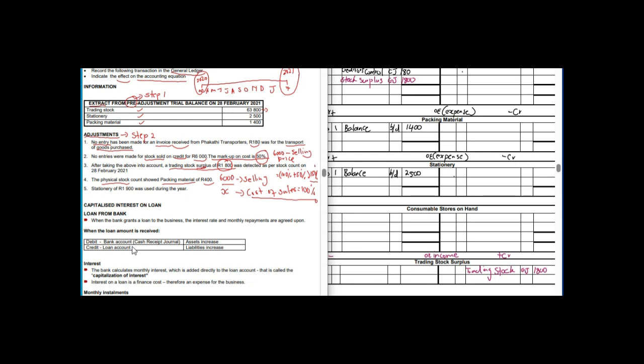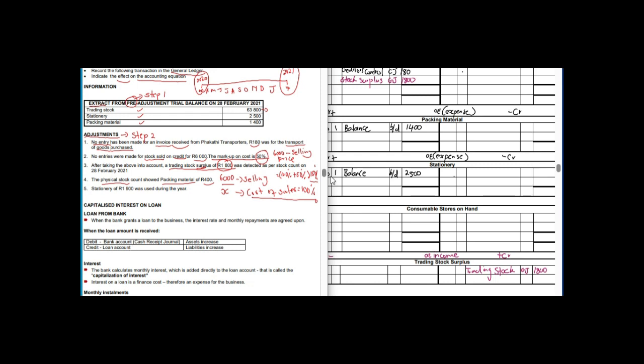What are we left with? So we found out that the packing materials that were left in the business is 400. And then guys, going back to the information that we already have, we know that packing materials that were not used will be converted to an asset, which will be called consumable stores on hand.